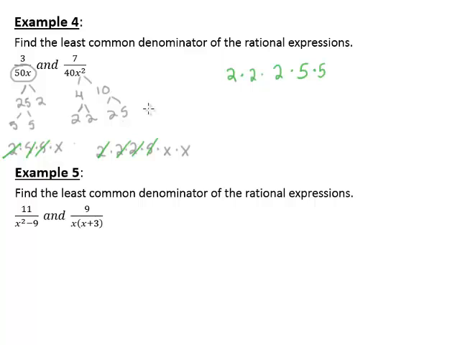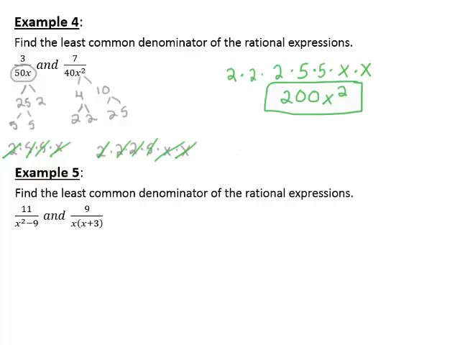We need an x, because they both have an x, but we actually need another x because the second one has another x. So we need to do 2 times 2 times 2 times 5 times 5, which is 8 times 25, which is 200. x times x we can combine back together to get 200x squared. So our common denominator would be 200x squared.